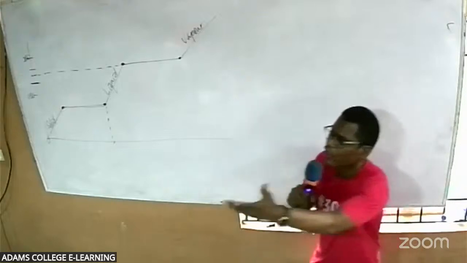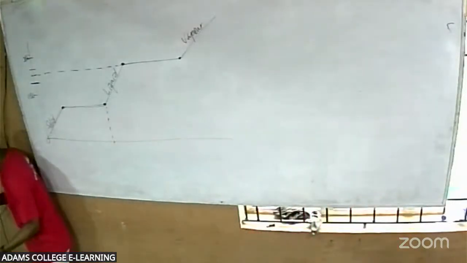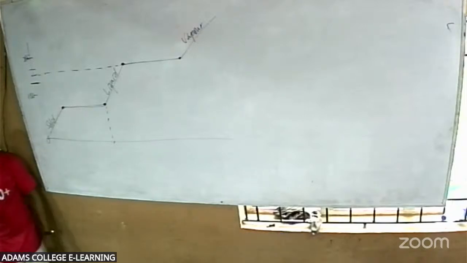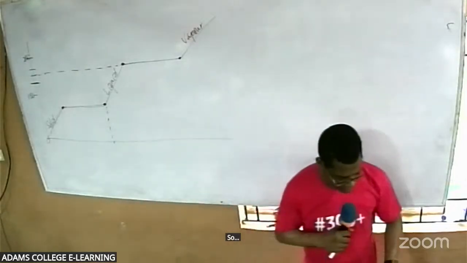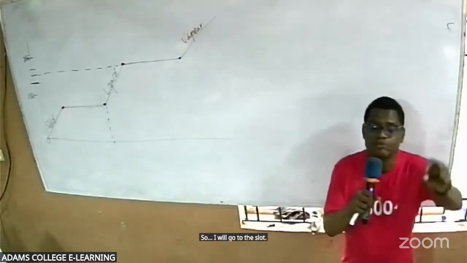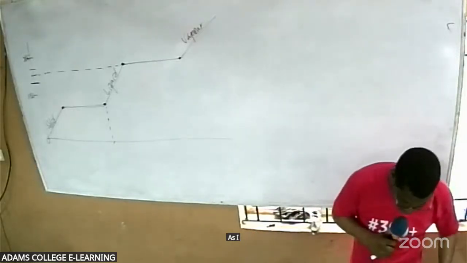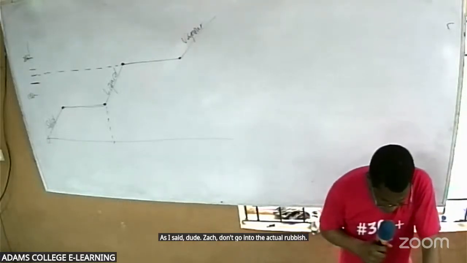Again, Avogadro. That means when you have the same 25 cm³, the answer is Z. Don't go and be writing rubbish. You have the same number of molecules, Z.